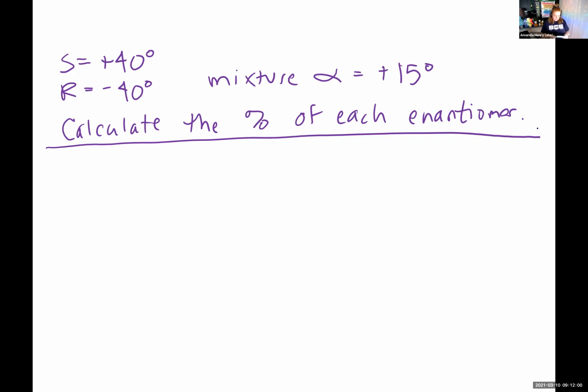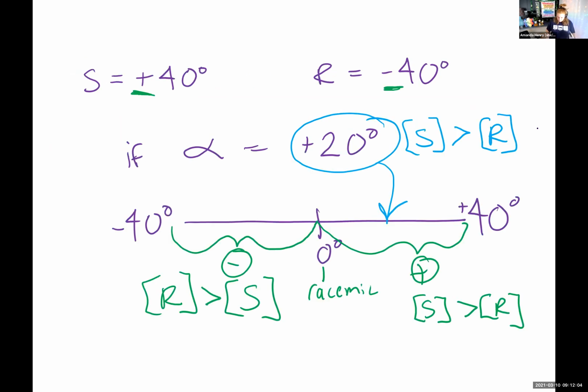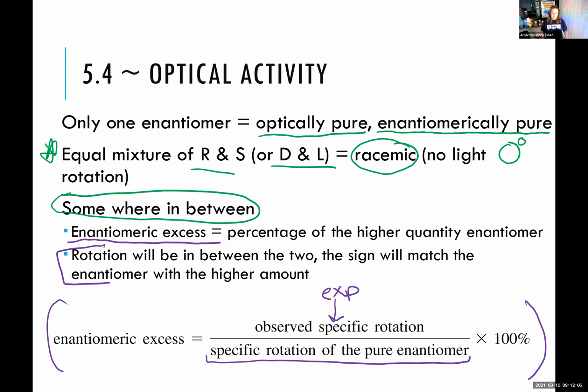Here's what we're told. I'm going to go back and show you the equation. Down here at the bottom, enantiomeric excess is equal to the observed specific rotation divided by the specific rotation of the pure enantiomer times 100. So let's figure out how to use this.